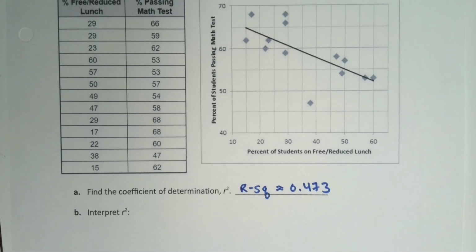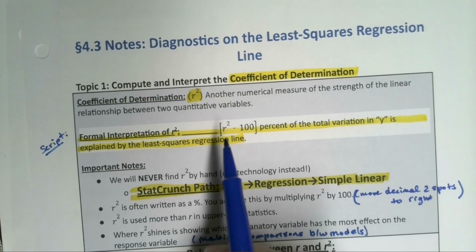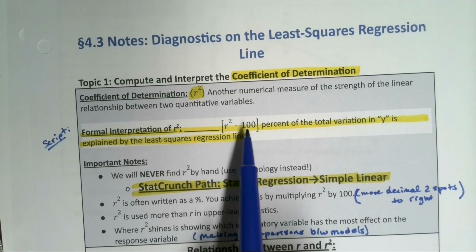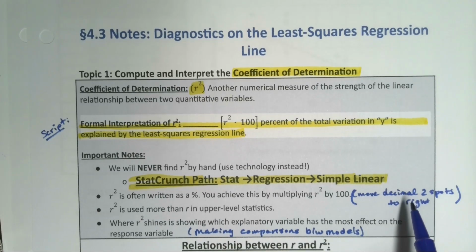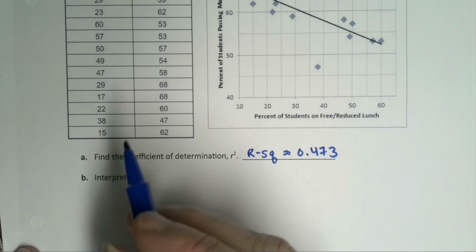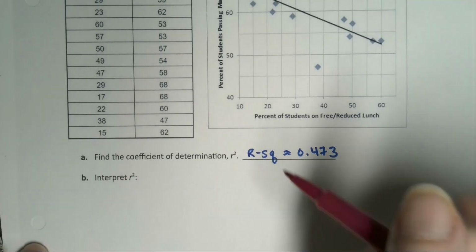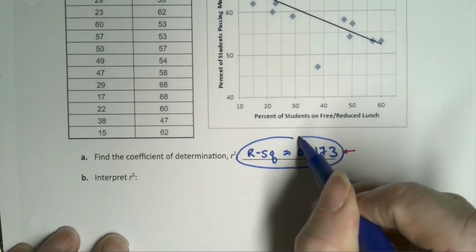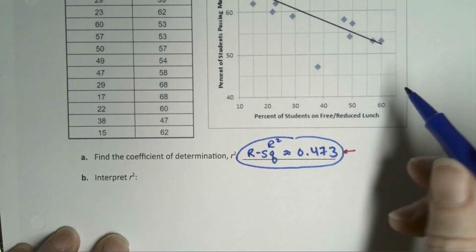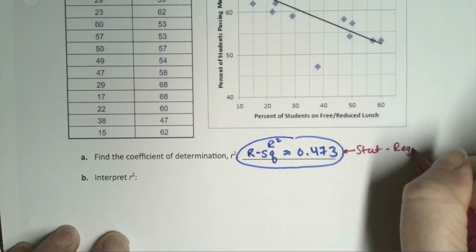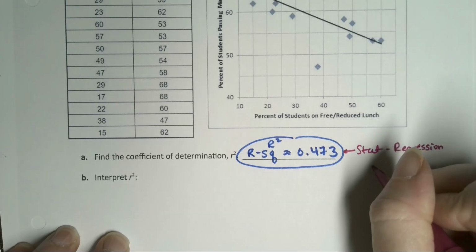All right, now we want to interpret this value. Well, there's a script for interpreting it on the previous page. What we do is we take that R squared value and we multiply it by 100. In other words, we're moving the decimal 2 spots to the right to make it into a percent. Okay, so before I go any further, let me just make a note. This is R squared, and this was found with stat, regression, simple linear.